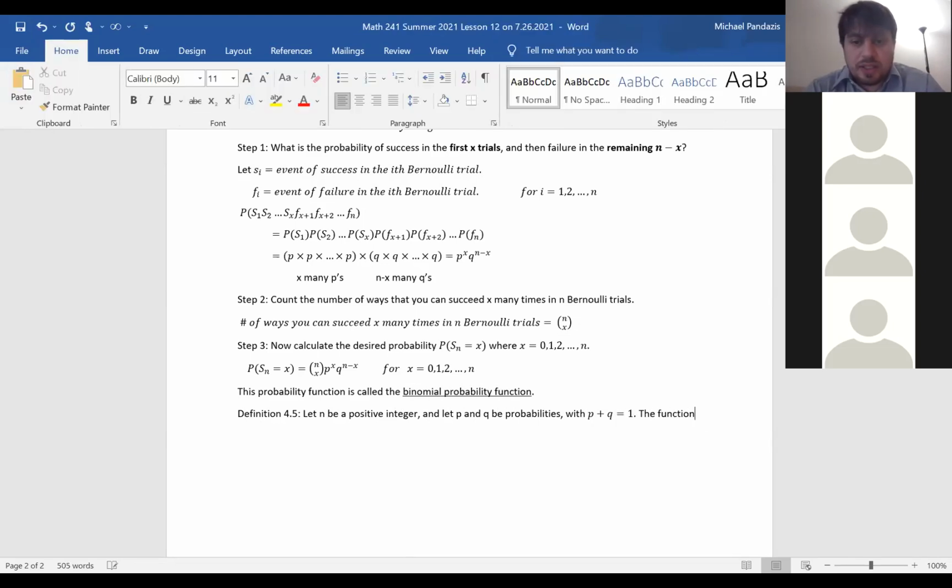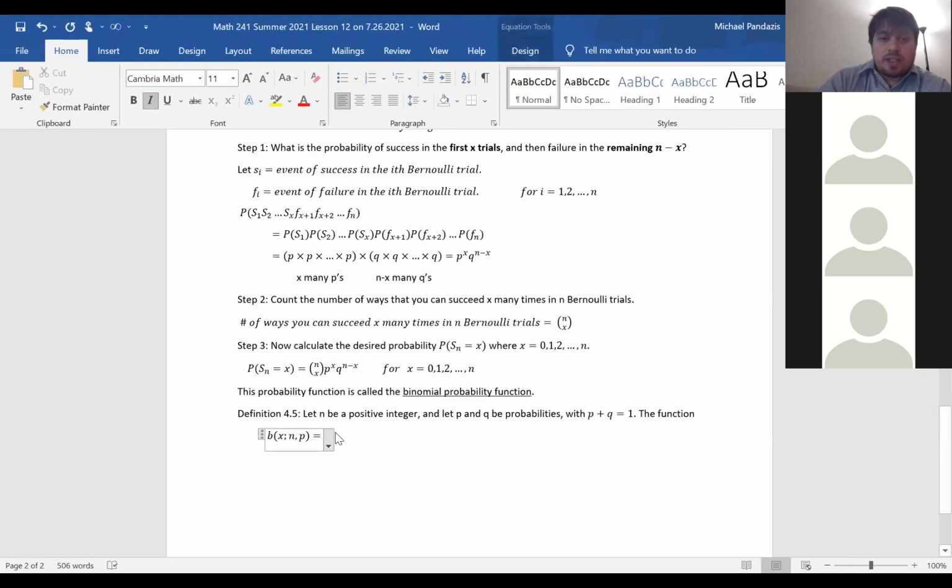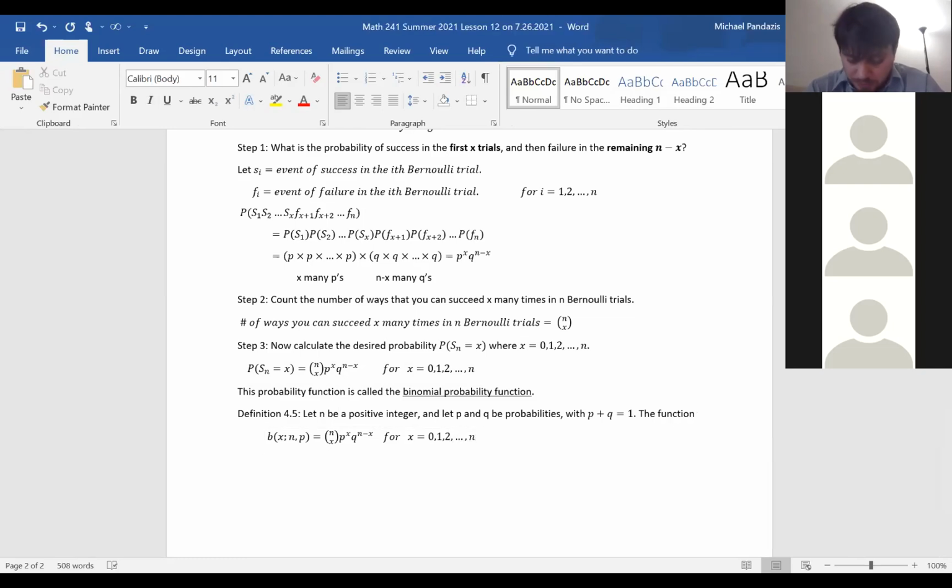The function b of x colon n comma p is equal to n choose x times p to the x times q to the n minus x, for x equals 0, 1, 2, and so forth, up to including little n, is the binomial probability function.